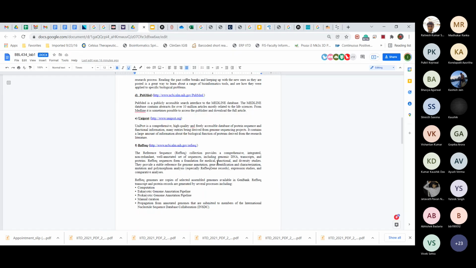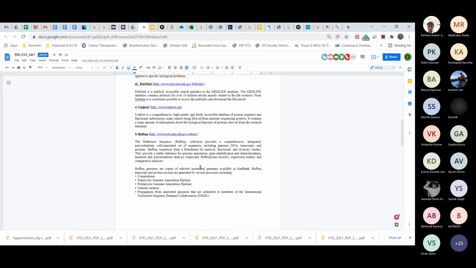Given that you have all this information in different databases, for example, if you want to search for a publication, you'll look at it in PubMed. If you want a protein's information, protein sequence, protein function, you would go to UniProt.